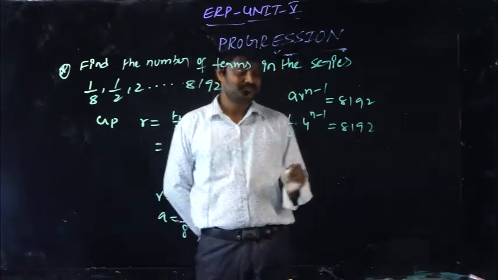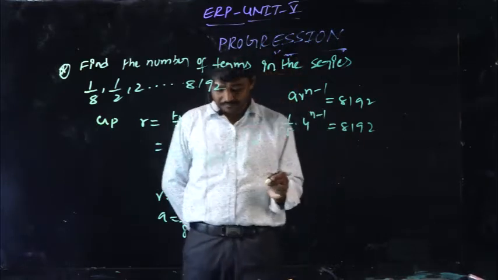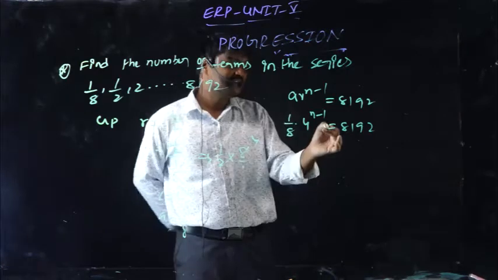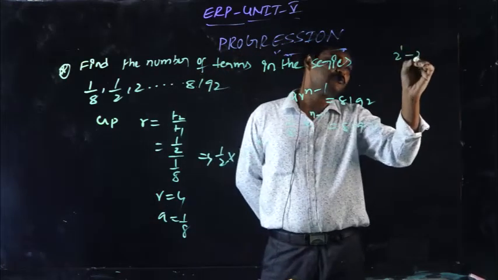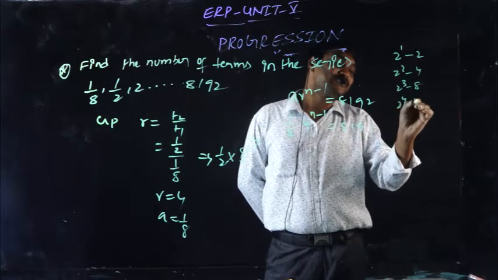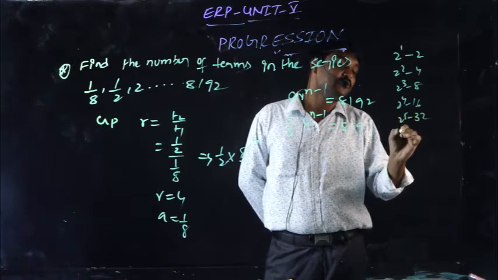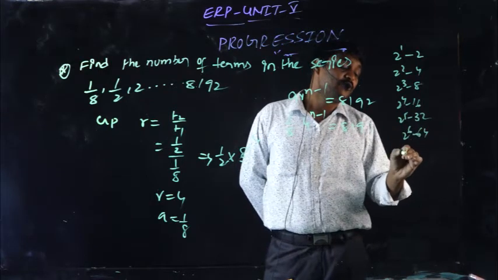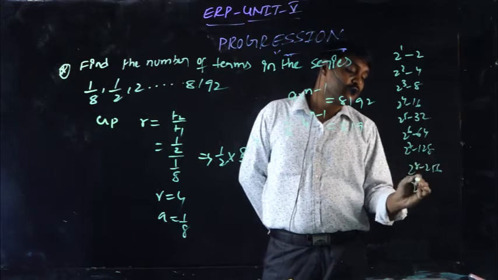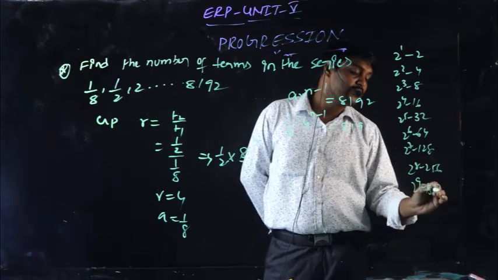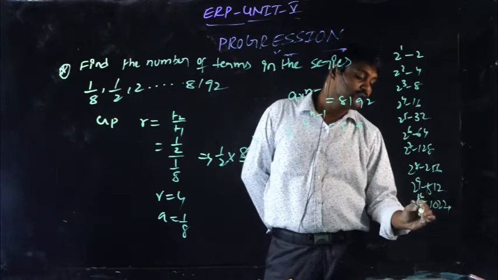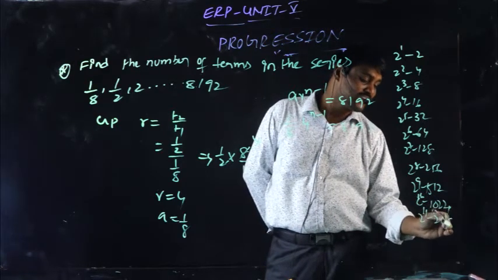Here 2 power 1 equal to 2, 2 square 4, 2 cube 8, 2 power 4 16, 2 power 5 32, 2 power 6 64, 2 power 7 128, 2 power 8 256, 2 power 9 512, 2 power 10 1024, 2 power 11 2048.